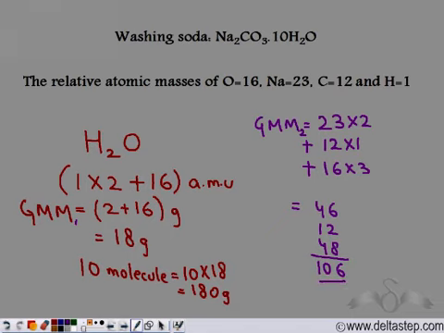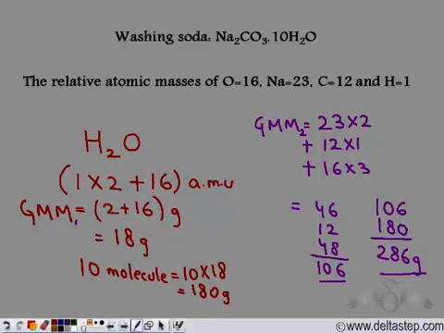And now when we add this to 10 H2O that we have already calculated, so we get 106 plus 180 for water of crystallization that we have already calculated, we get 286 grams. So we get the gram molecular mass of the entire water of crystallization equal to 180 grams.